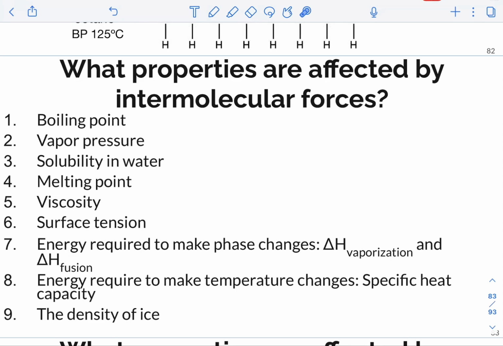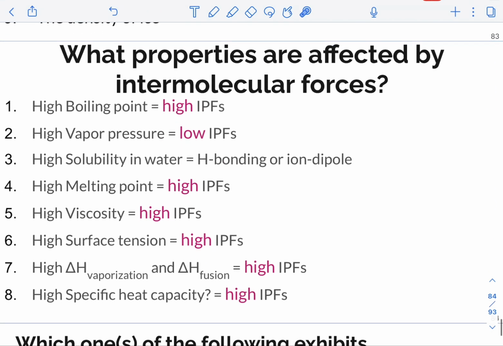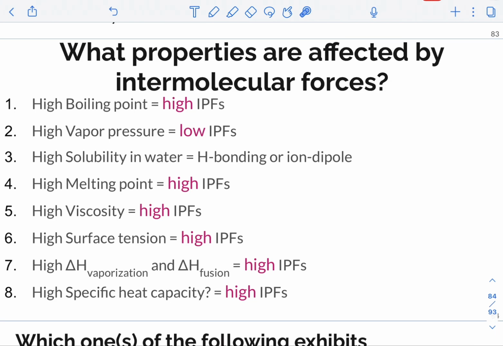A lot of these will be affected by intermolecular forces, like solubility. Have you ever heard the phrase like dissolves like? Polar substances will dissolve in water because water is polar. Viscosity, surface tension. Surface tension gives like a film because water molecules, because of hydrogen bonding, are very sticky to each other.